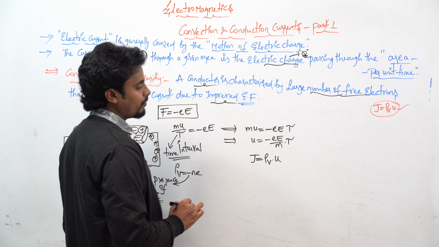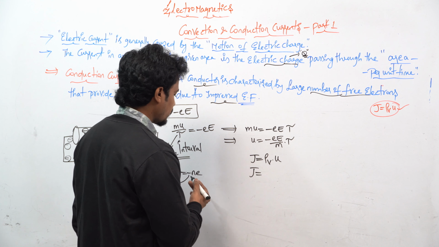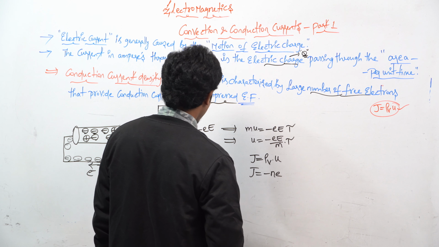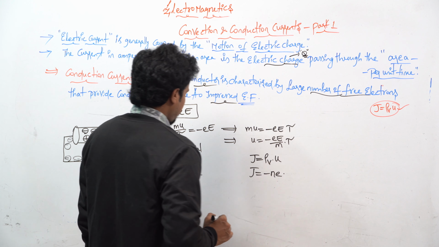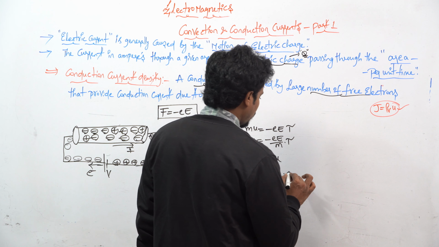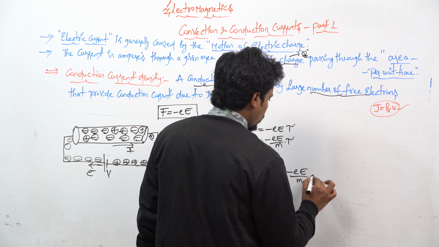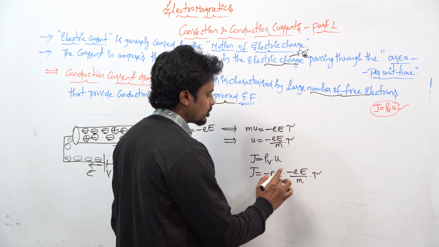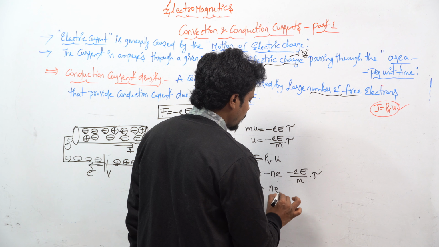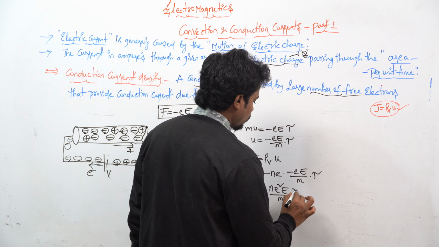Here rho v is minus small n into E, into u, and u is minus small e into capital E divided by small m into tau. So minus into minus becomes plus, n into E square capital E divided by small m into tau.